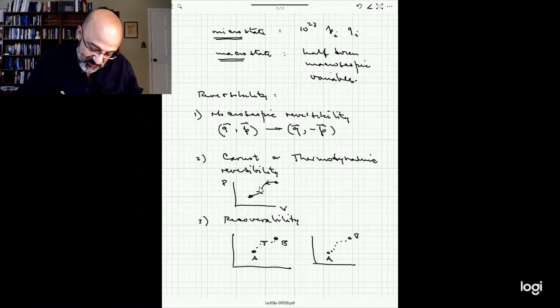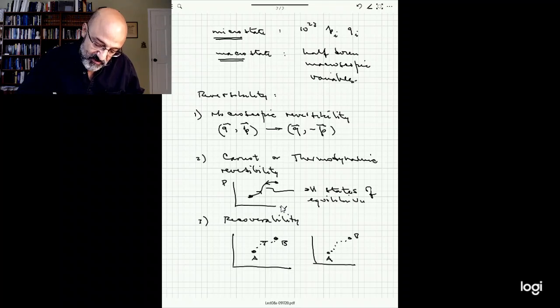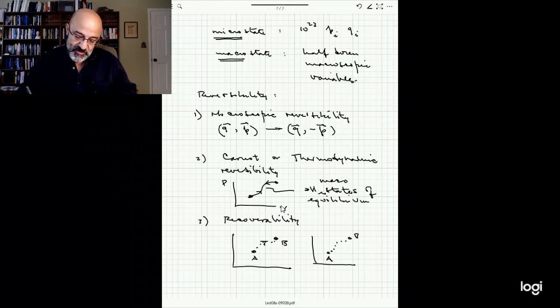So these are supposed to be reversible, all states of equilibrium, right? The intermediate states in the Carnot situation are supposed to be all states of equilibrium. So I should write here macro states of equilibrium.